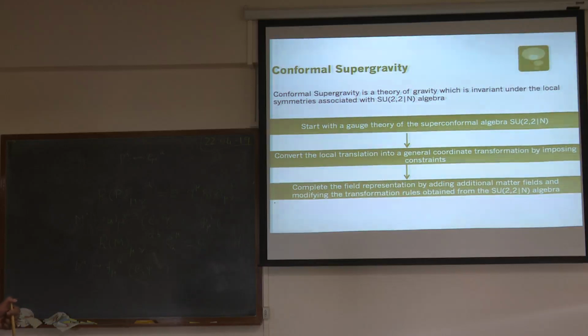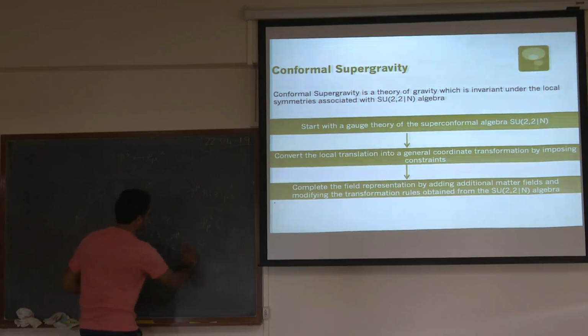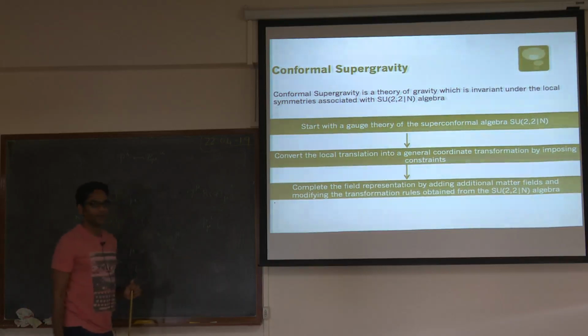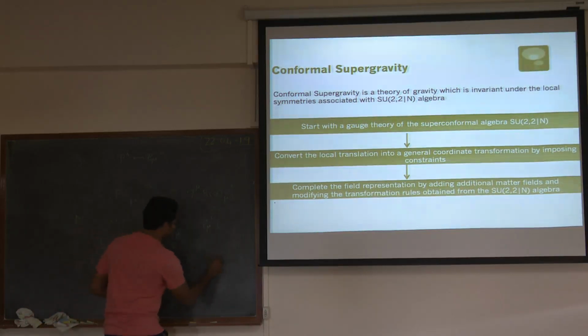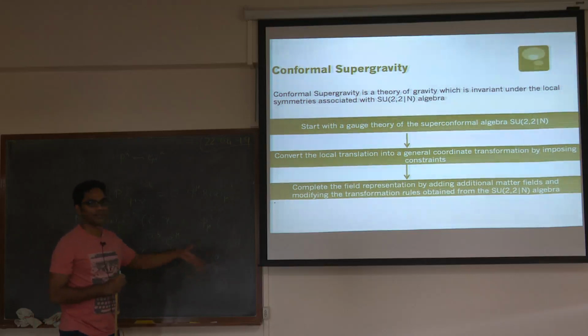Okay, so as I said, these constraints are not very sacred constraints. You can change this constraint by some covariant terms. For example, typically in N equal to 2, what people do is not impose this constraint, but they add some covariant terms to this and set that equal to 0. So, what that basically means is that you are making some sort of field redefinition to F mu A coming from these covariant terms.